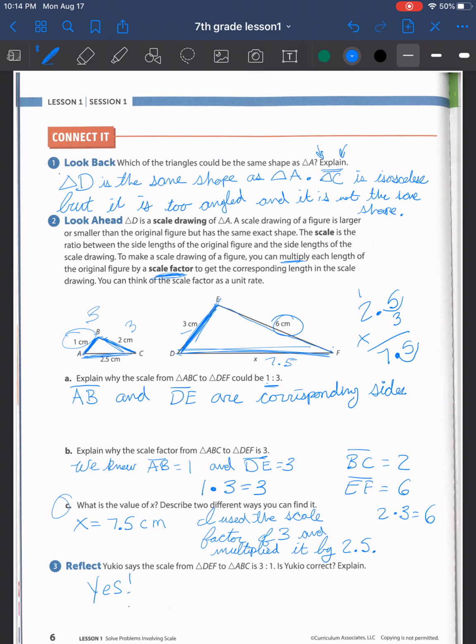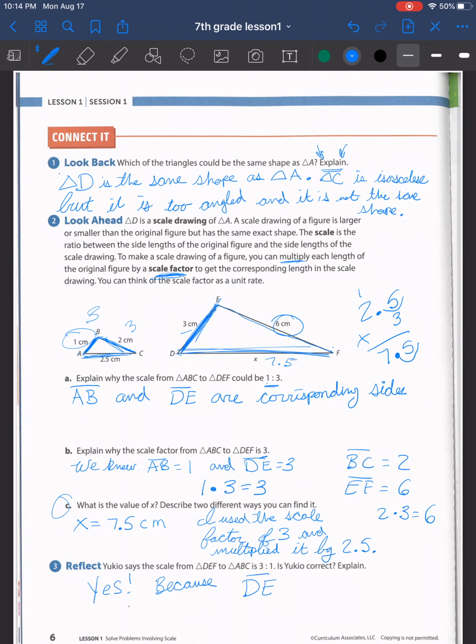Yukio is correct, because if I flip the order of the triangles and go from big triangle to small triangle, I still have to use the corresponding sides. I'm going to say yes because I'm going to go backwards. I don't want to say AB. I want to say DE.